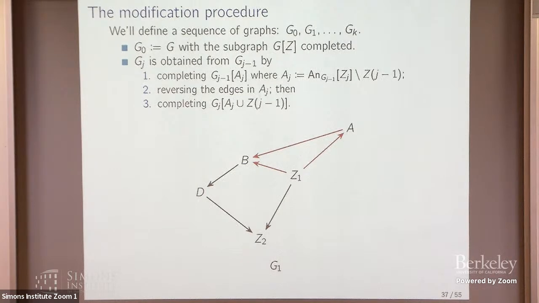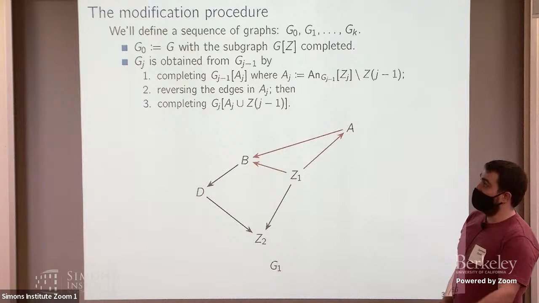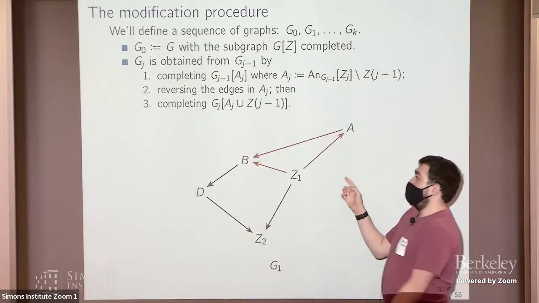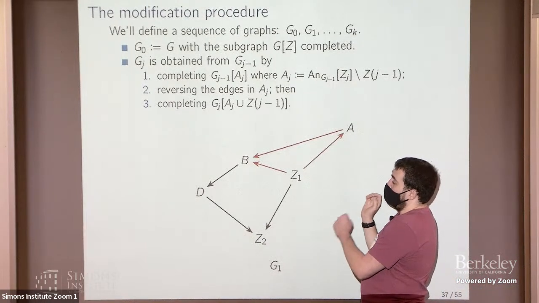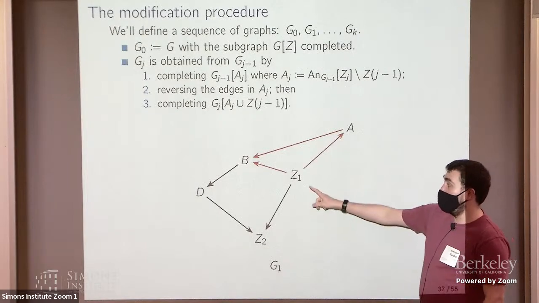Now G1. I've lumped these steps together, but we take G0 and add edges to complete the subgraph on all the ancestors of Z1.